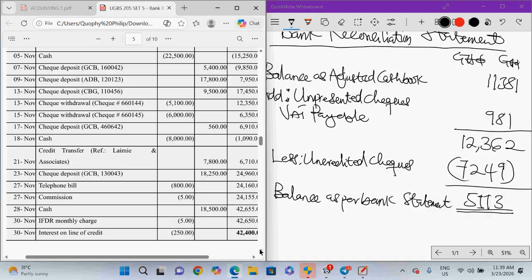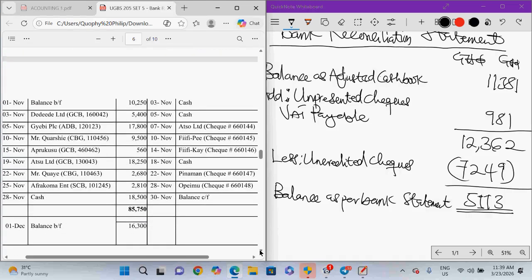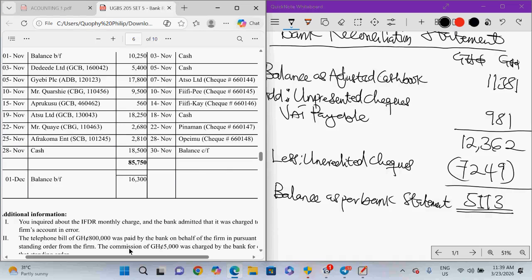What is the check number? 22nd November. Where's the date? This is it. So this is the check, right? 2680. So this check has been dishonored.